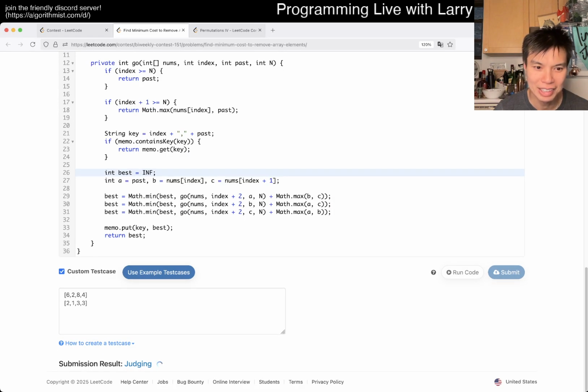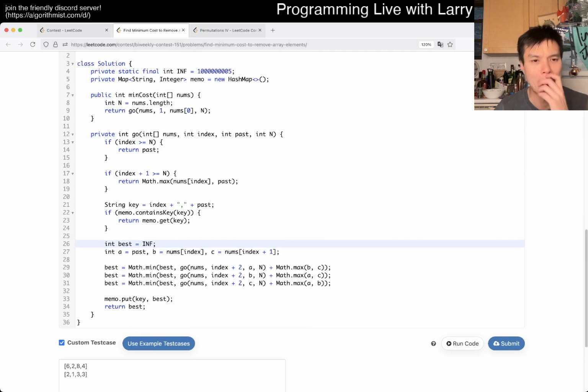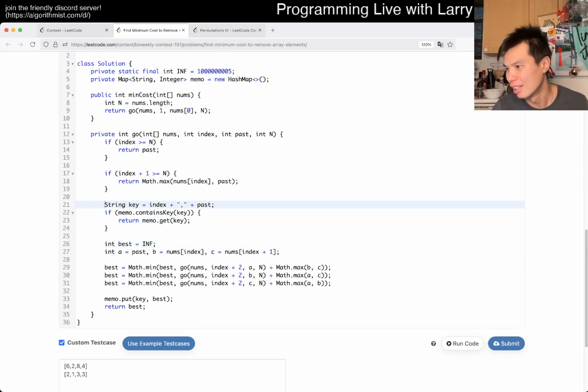Hopefully that's right. Actually, I should double check some of the stuff. Time limit exceeded, huh? Oh, because it uses this thing. I'm just a little bit lazy today. But also, all of this is like Leetcode's fault.